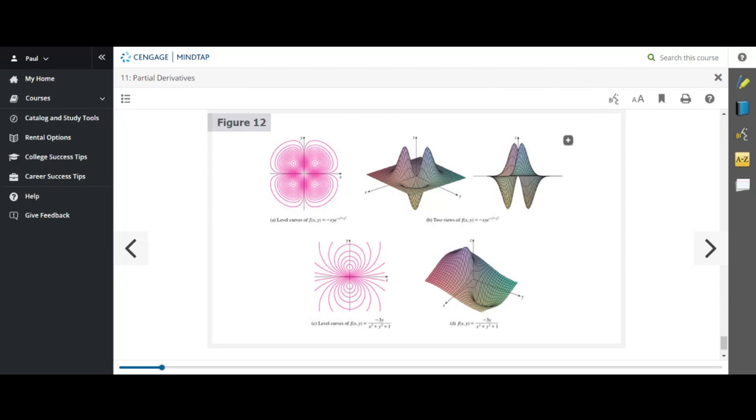But the thing is, in Figure 12, in these contour maps, you're not given the values of the level curves, and so contour maps are helpful if you have values of the level curves.